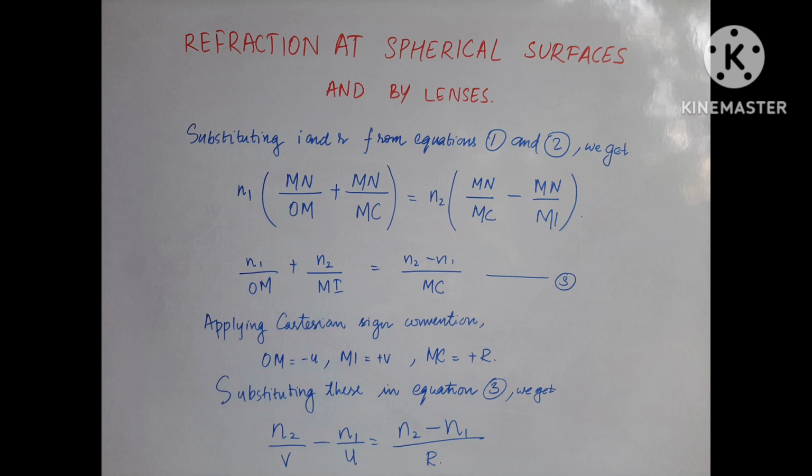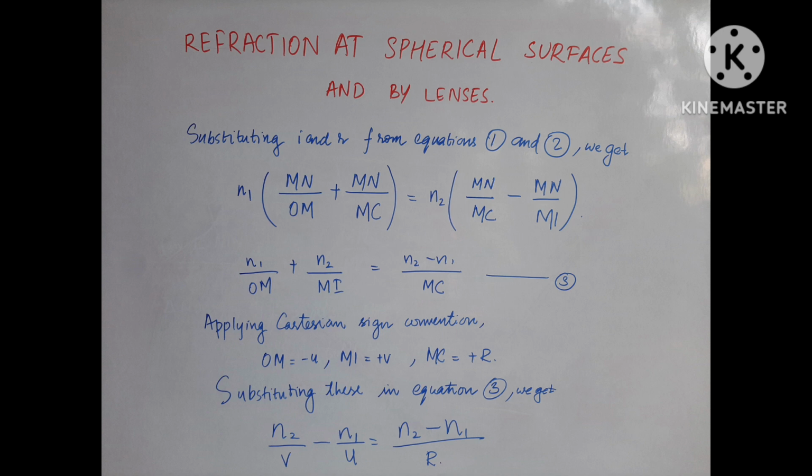If we multiply n1 into 1 by MC, we can take n1 by MC to the right hand side, so we get minus n1 by MC, and from the right hand side, n2 by MI we can take to the left hand side. So it becomes n1 by OM plus n2 by MI is equal to (n2 minus n1) by MC. This is our third equation.